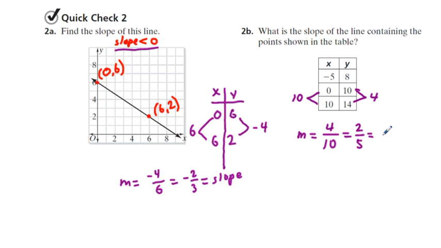And this is going to be our slope for this table here. Again, we're given the slope of the line containing the points shown. So we have to be told this is a line to make sure we get this right. And decimalized, this would be 0.4.